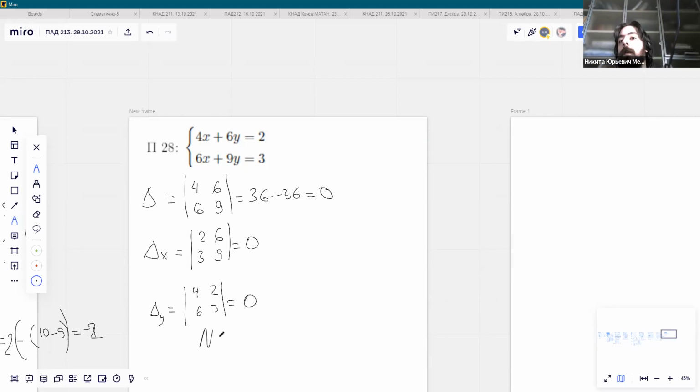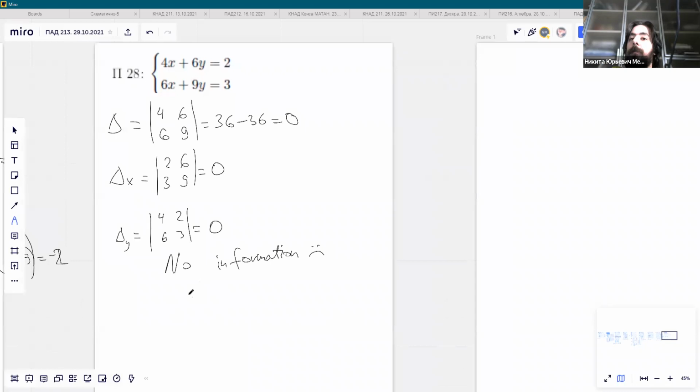So unfortunately, in this case, Cramer's rule doesn't give any information about the solutions. What it does say is that there are either no solutions or infinitely many solutions. However, it doesn't say which case is the correct one. If there was one solution for the system, this method would find it.